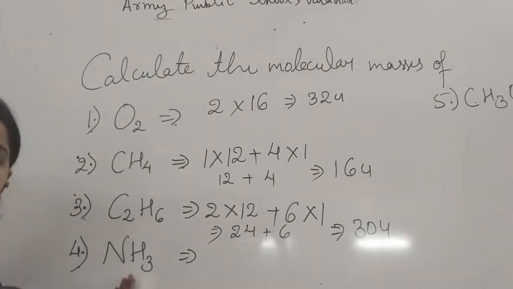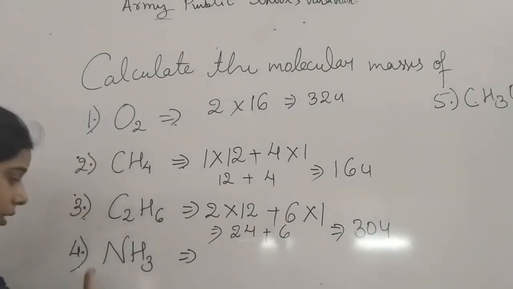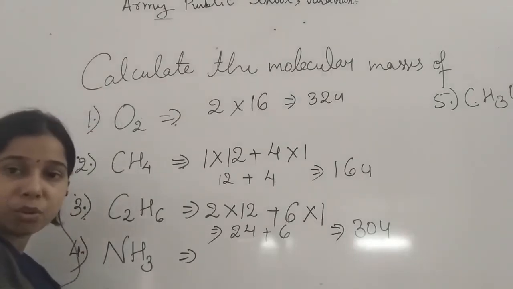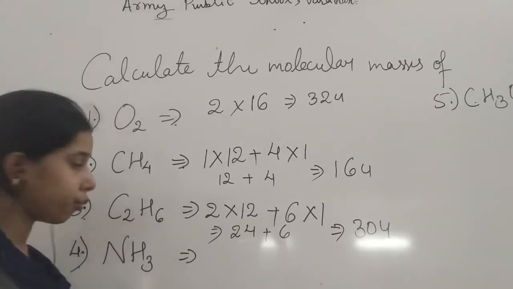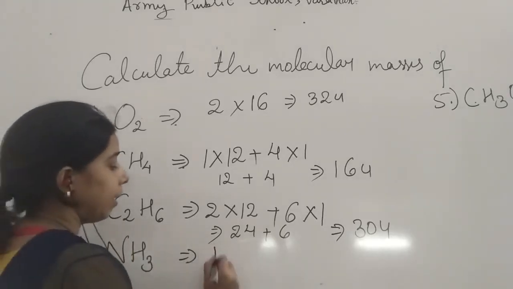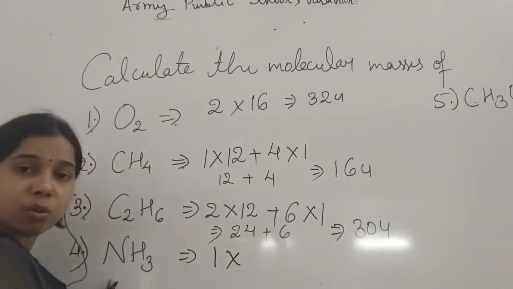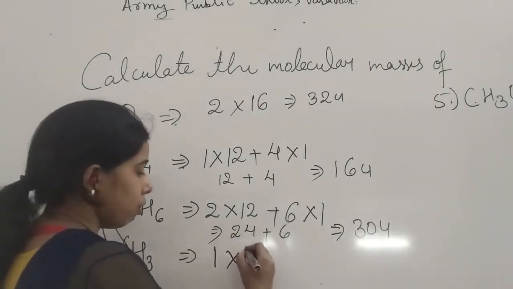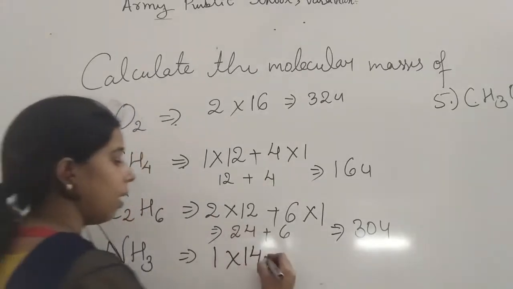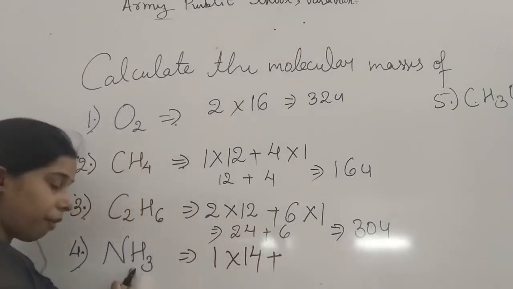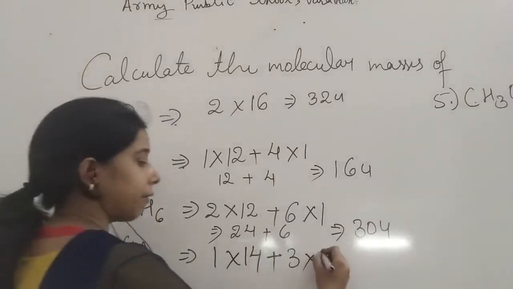Now if we talk about NH3, the molecular mass of NH3, you see here, first is the nitrogen, and how many atoms of nitrogen are present there, students? 1. So we will write 1 into the atomic mass of nitrogen, which is 14, plus the number of hydrogens here is 3 into atomic mass 1.